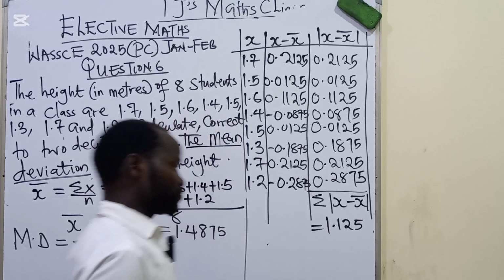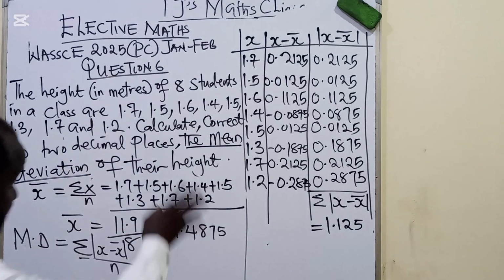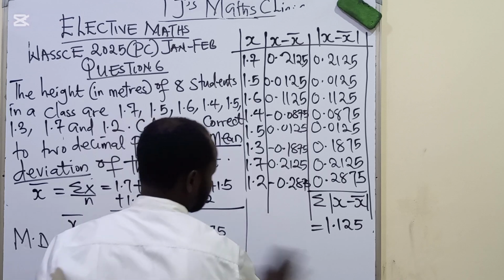Yes, we have 1.125. It is very important to check as you are doing statistics like this, to avoid mistakes.